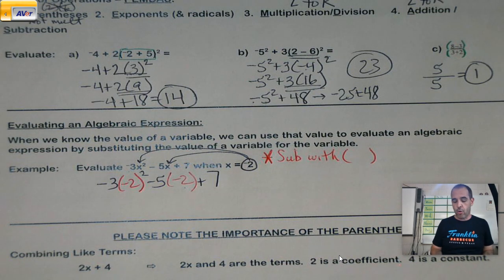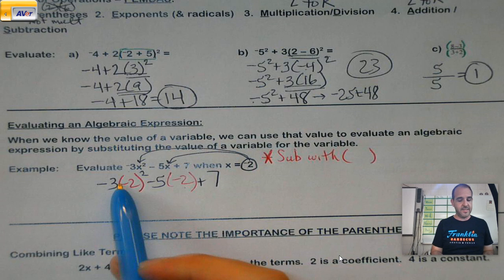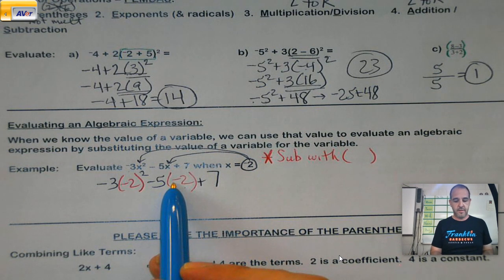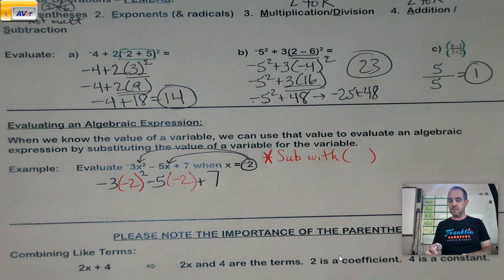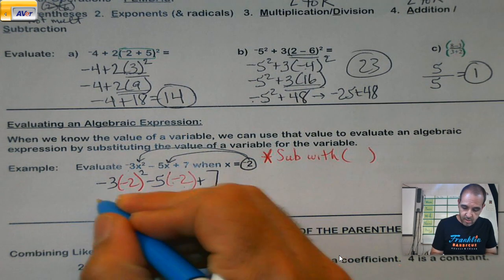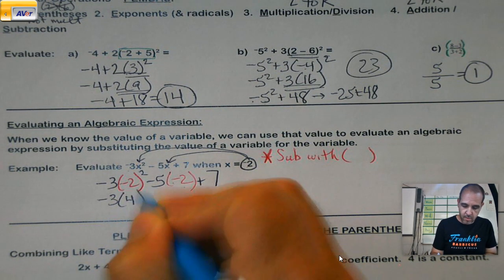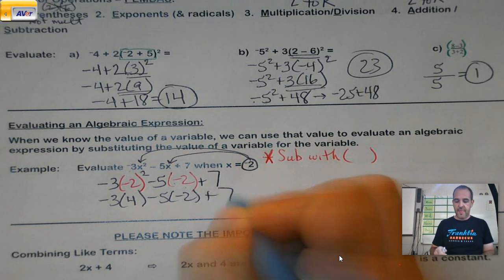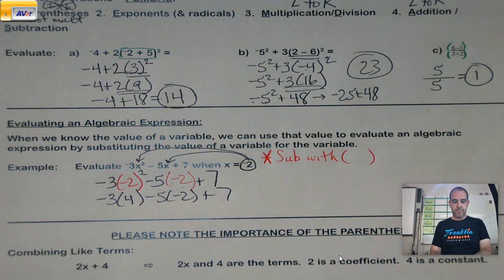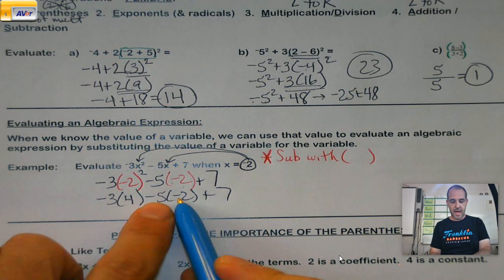And now I go into my order of operations mode. Okay, these are multiply, these aren't parentheses, so I don't do that. Next is exponents. -2 squared is 4. Then I start looking and I'm like, okay, multiply, add.